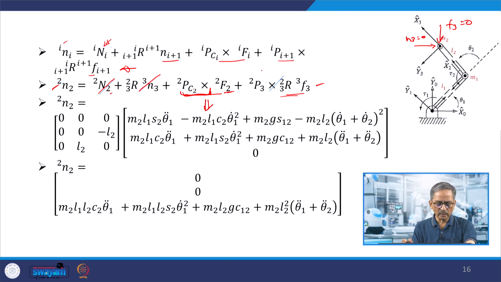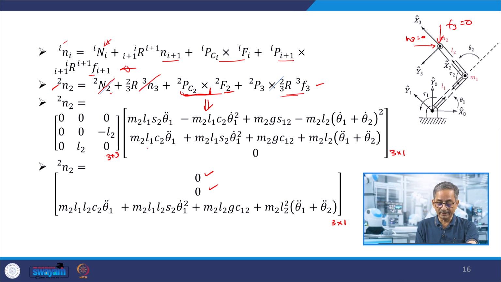Then I can do this multiplication. So, if you do this multiplication, this is your 3 by 3 matrix, this is 3 rows 1 column. So, essentially what you are going to get is 3 rows 1 column here. This first row being multiplied here, so you get 0, this row being multiplied here, so again you get 0, and then this row being multiplied.